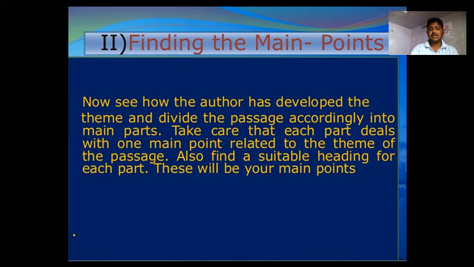If you think it is necessary, you can put a suitable heading for each part, and those can also be some of the main points for the passage. These will be your own main points, and even if you cannot find the main points in the passage, in your thoughts you can find main points about the writer's intentions.